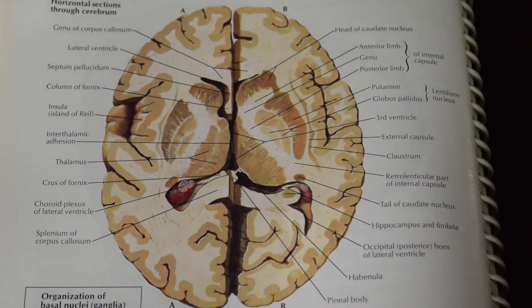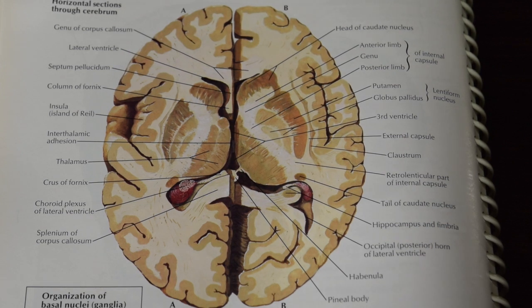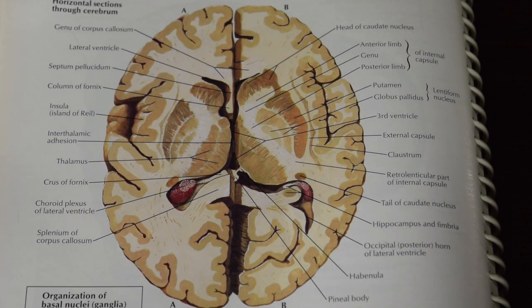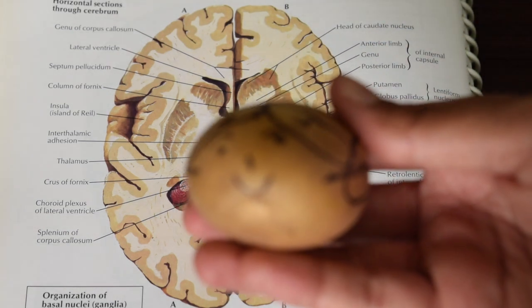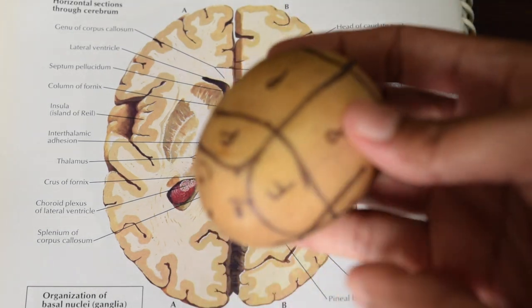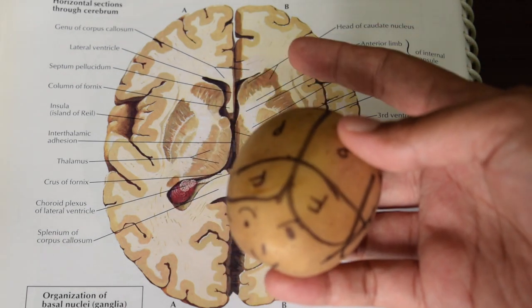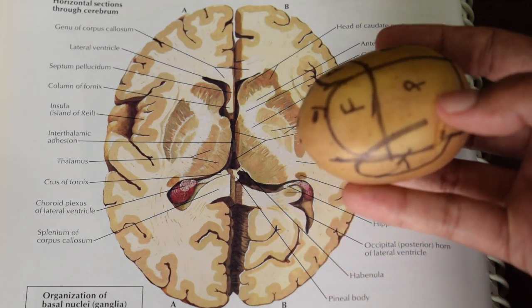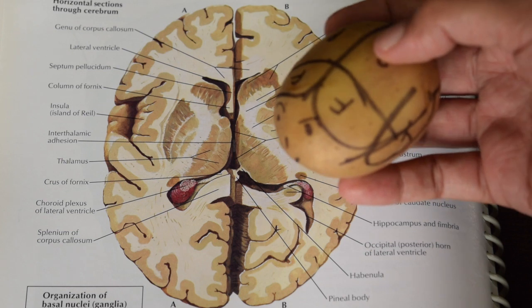How is the brain sliced, and where is the front, where is the back? Now we'll use our potato face again. By seeing this, can you tell me how the brain was sliced? If you are thinking the brain was sliced transversely, you are right.